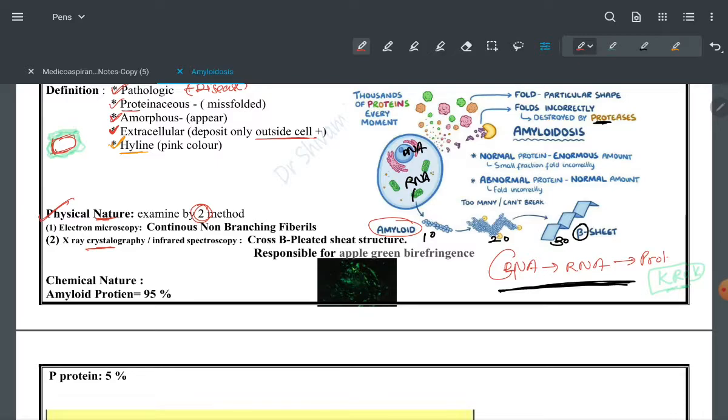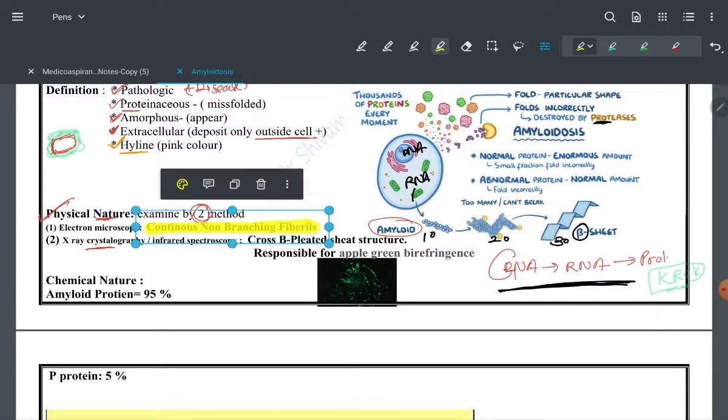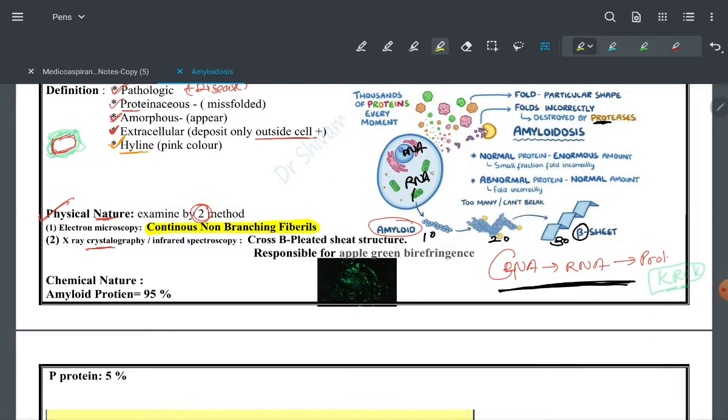In electron microscopy, it shows continuous non-branching fibrils. Actually, it is outdated, so you will not find a question with this term. The important one is X-ray crystallography.